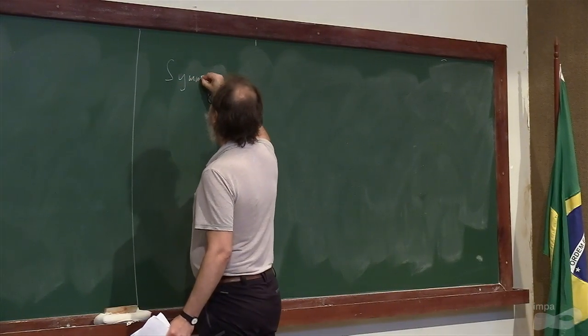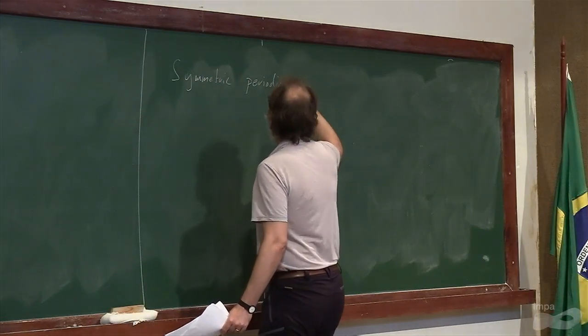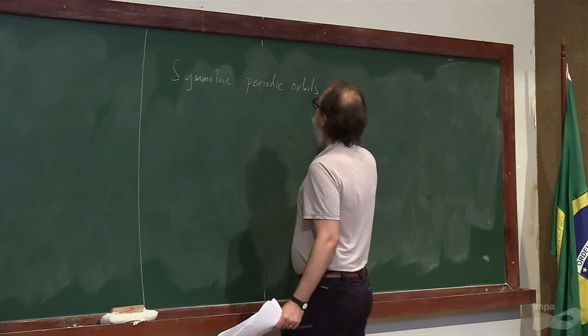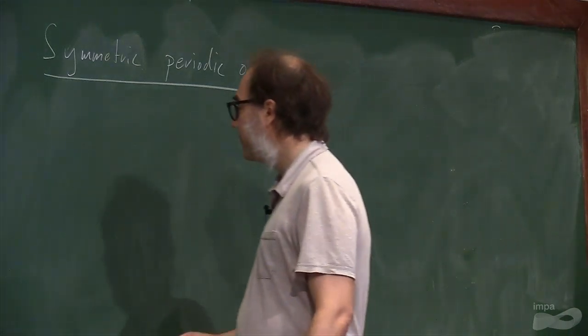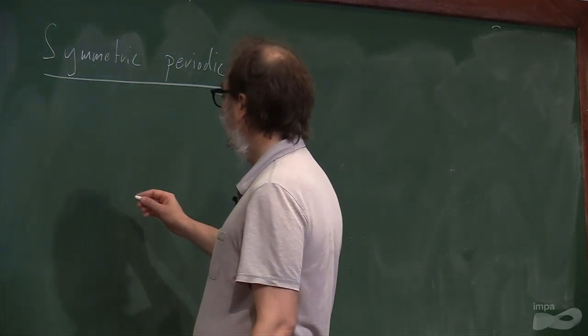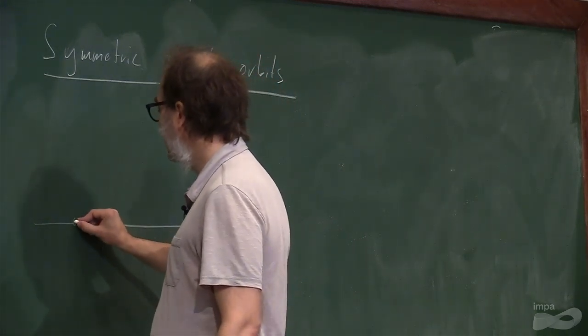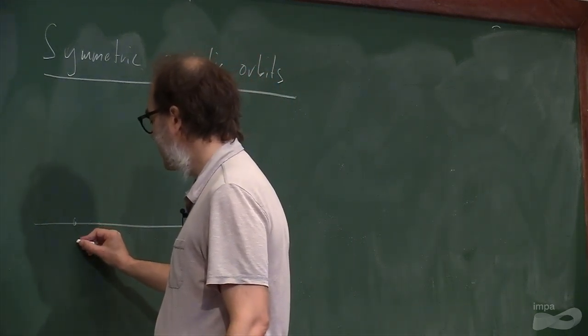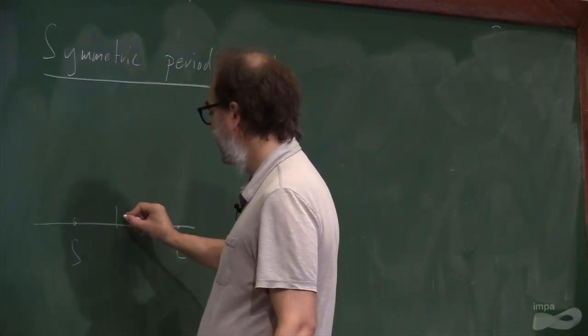Suppose we are in the restricted three-body problem, and we have the sun and the Earth, and we have an orbit.